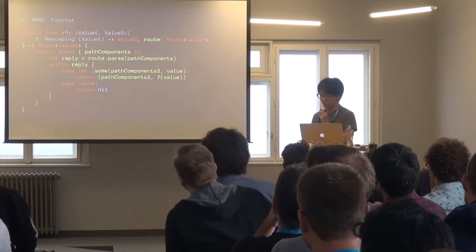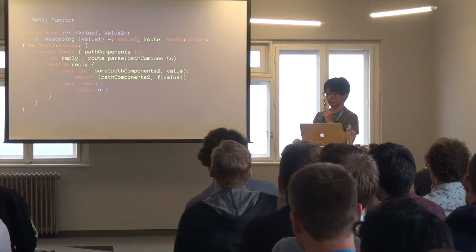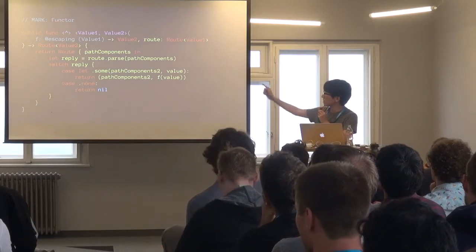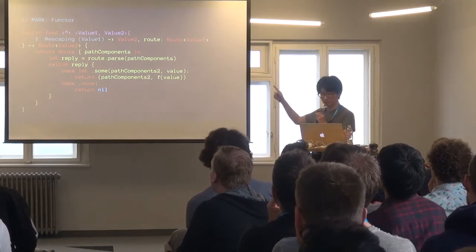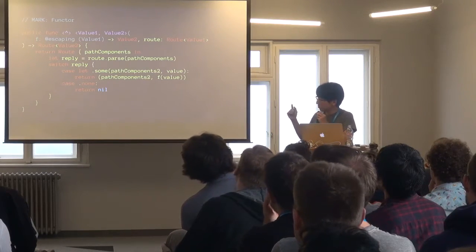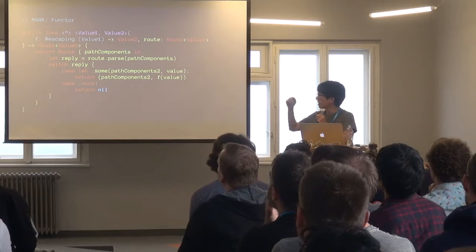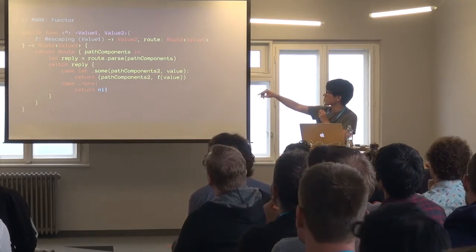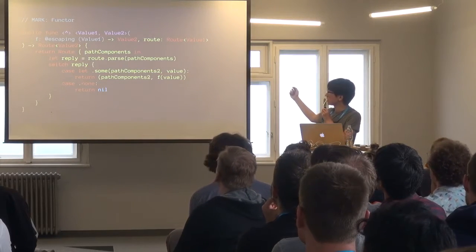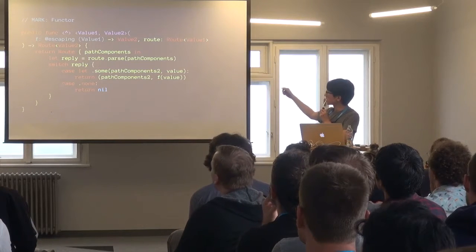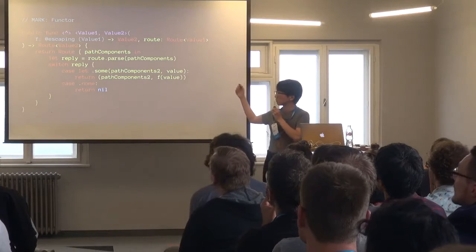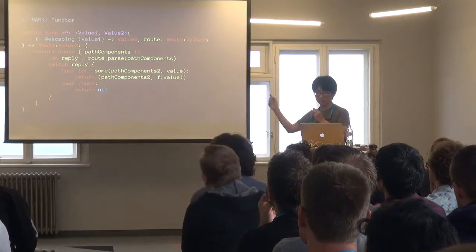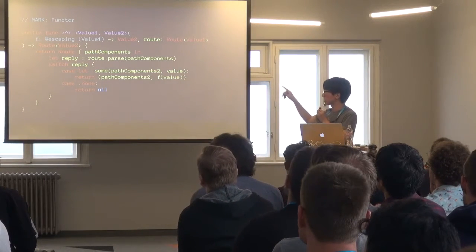Next, let's add a functor map function. In Swift, we often use the caret symbol with the angle bracket, like this, and we implement something like this code. The function f is given on the left-hand side and the route on the right-hand side. What it does is, first, the route parses the path components and gets the reply, which is actually an optional tuple.